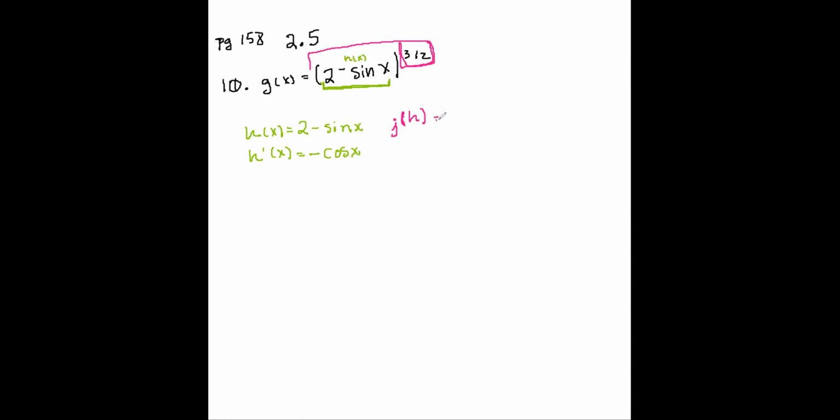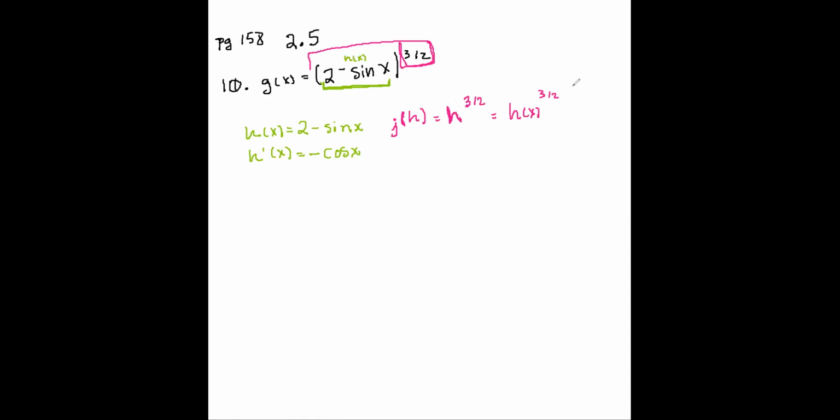Because J of H is going to be the H, and H is a function. H is H of X, but it is H to the 3 over 2. This is how I'm going to tell myself I have a function within a function here. I'm not going to be using the product rule.